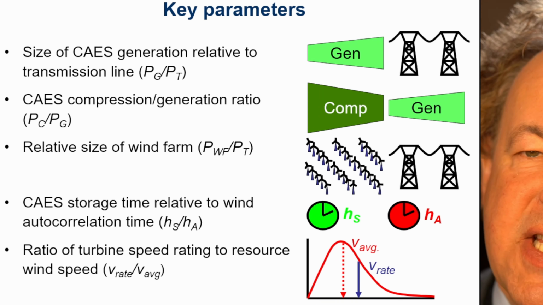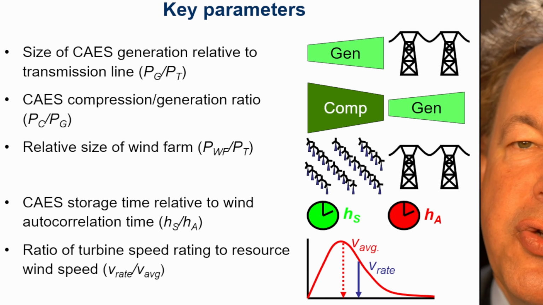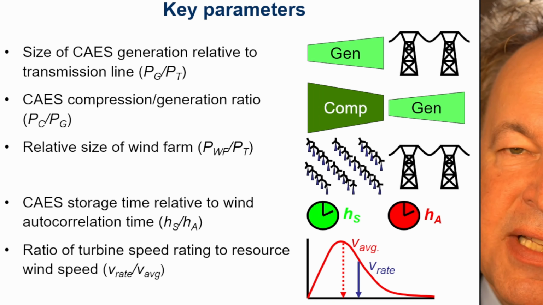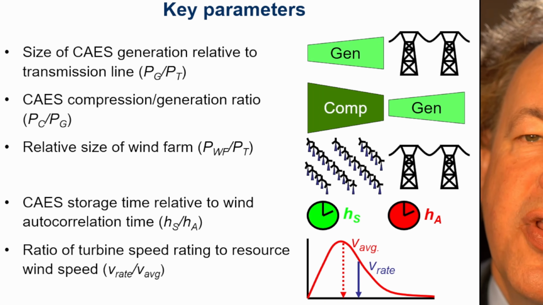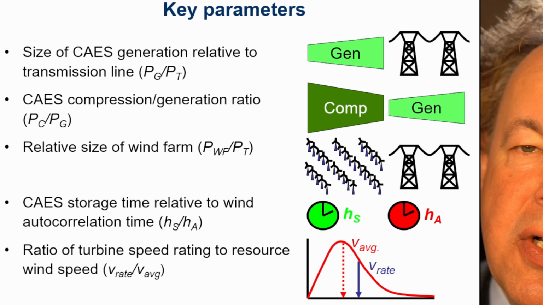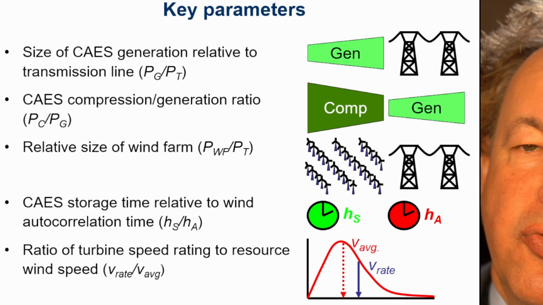The relative size of the wind farm, so the power of the wind farm related to the maximum power of the transmission lines. The CAES storage time relative to the wind autocorrelation time. So storage time is HS divided by HA, the autocorrelation time.